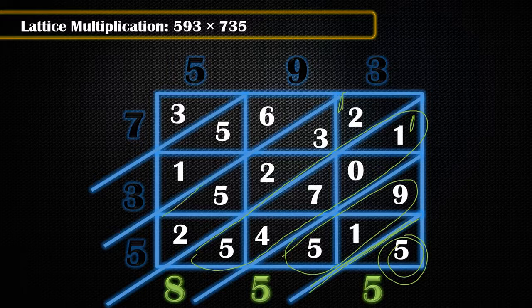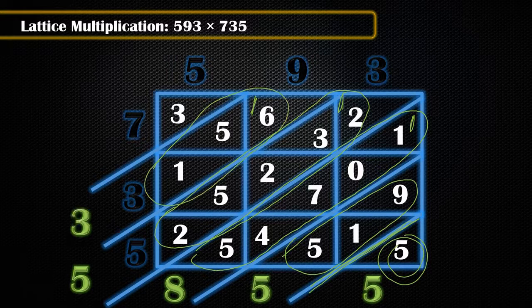So on the next one, it will be 2 plus 1 plus 3 plus 2 plus 5 plus 2, which is 15. So then we will add the 1 over here from the 15. So then on this one right here, it will be 6 plus 1 plus 5 plus 1, which is 13.